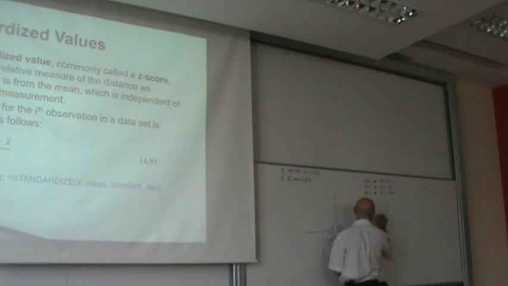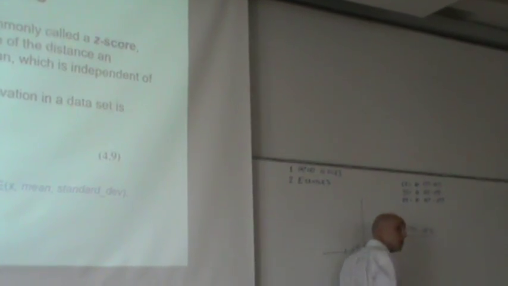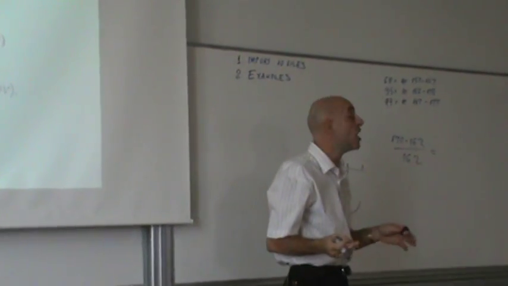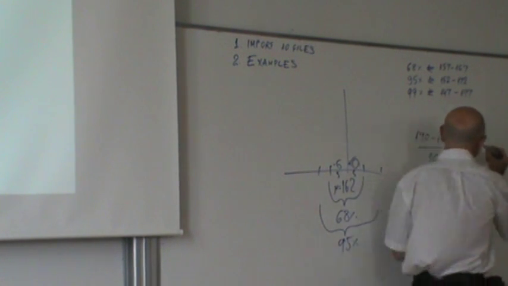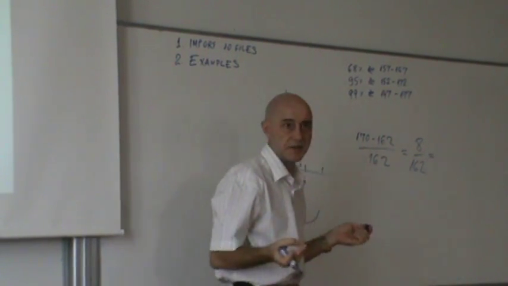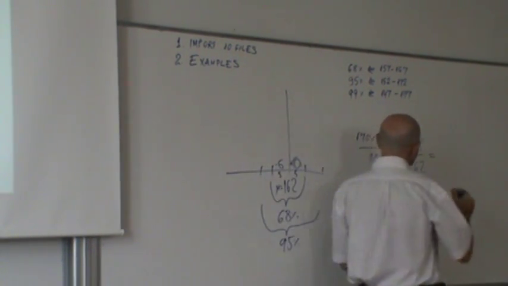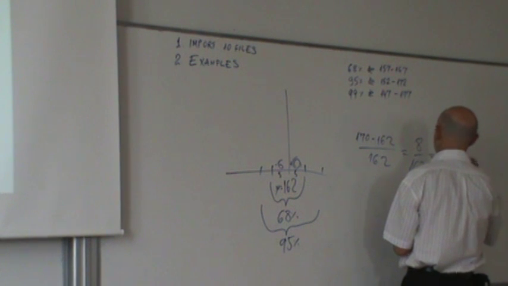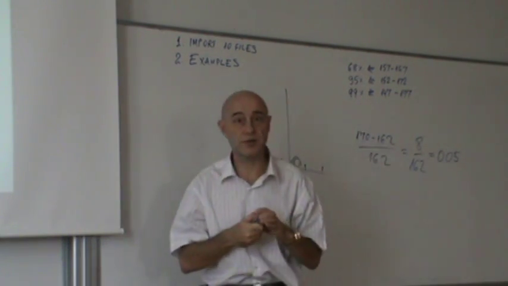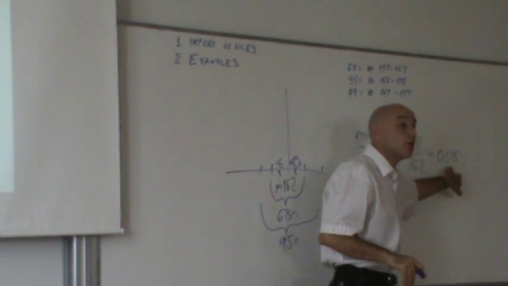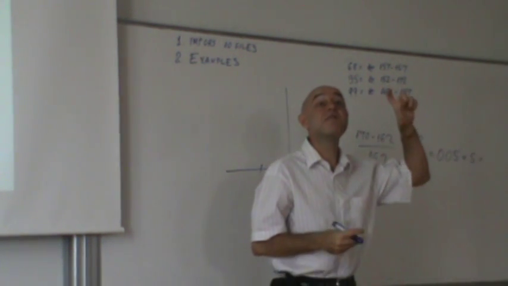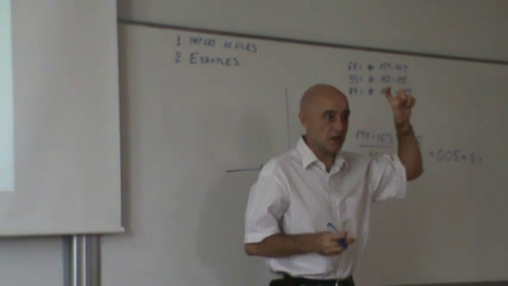So you do 170 minus 162, and you divide by the mean, 162. This gives you about 8 divided by 162, and that's roughly 0.05. So basically, it's kind of like 5%. You're about 5% above the mean, okay?